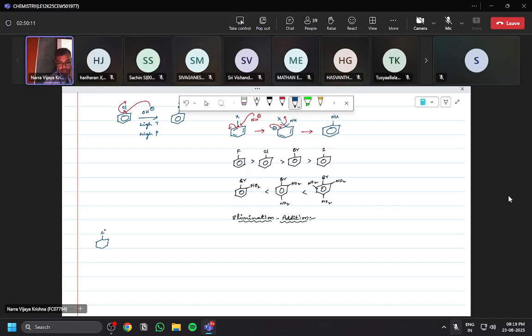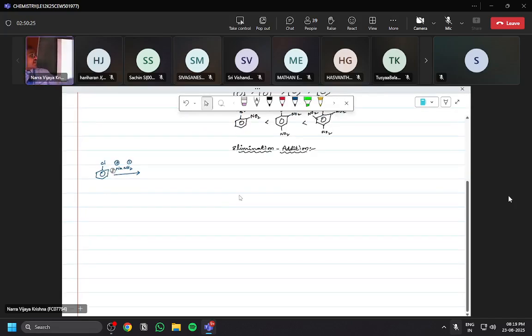I am taking the same chlorobenzene, allowed to react with NaNH2, meaning I am writing it as Na plus and NH2 minus. NH2 minus also acts as a base. This is the carbon on which chlorine is present. This NH2 minus first pulls this H plus out, making this bond shift and making the Cl leave.